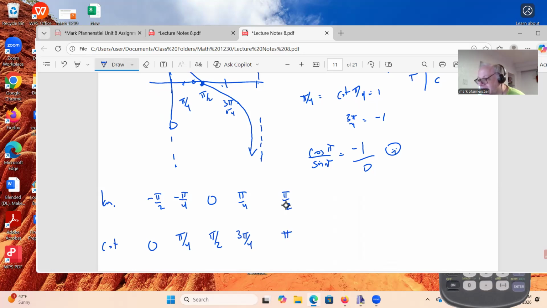Those are the different anchor points that you're going to need to graph tangent and to graph cotangent. So be careful when you are graphing tangent and cotangent. Don't just go on autopilot and say, oh, it's 0 to 2 pi, because you're going to get the wrong answers and get that question graded wrong. Tangent is different than cotangent.